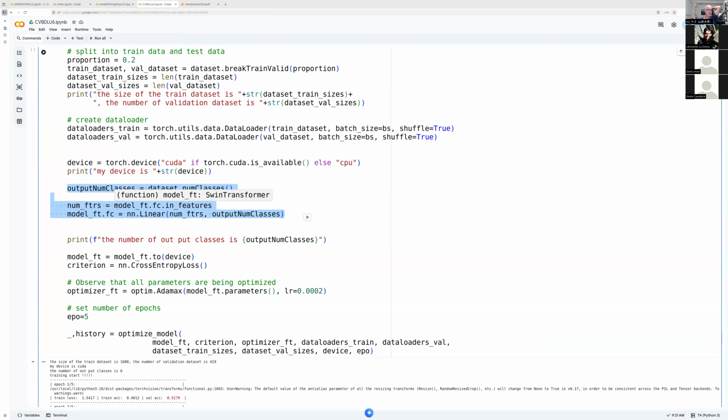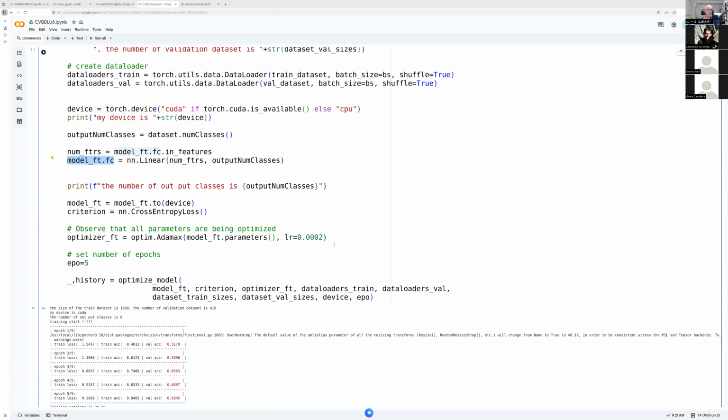And then I define a linear model module, so basically a vector of probabilities, and substitute the final layer in my model, this model FTFC, with that list of probabilities that I have defined here with the right number of classes. And then I fit all of those things.